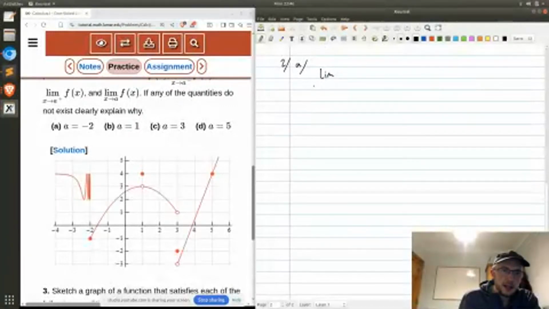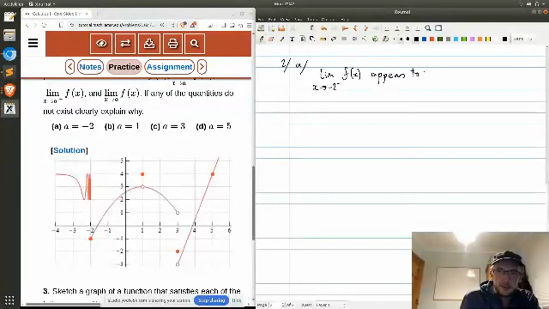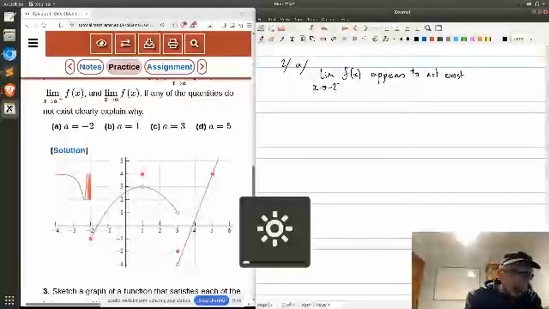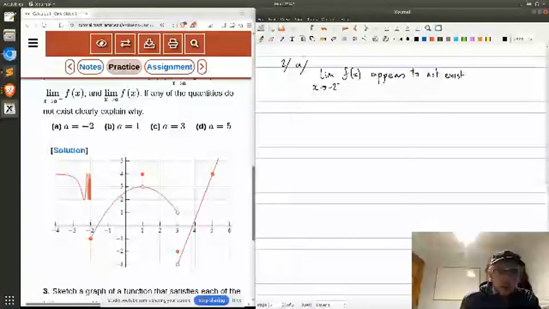The limit as x approaches negative, from the left, appears to not exist. Get a microscope. You can't see it. It does not exist.